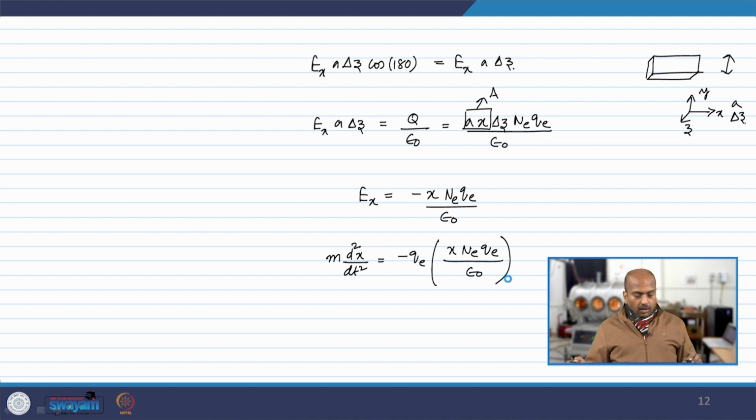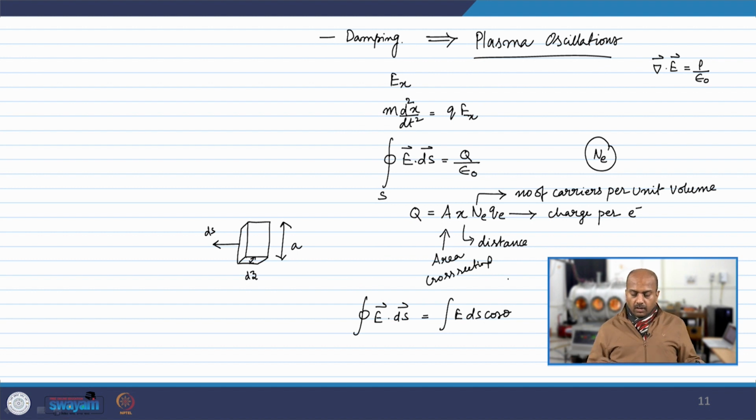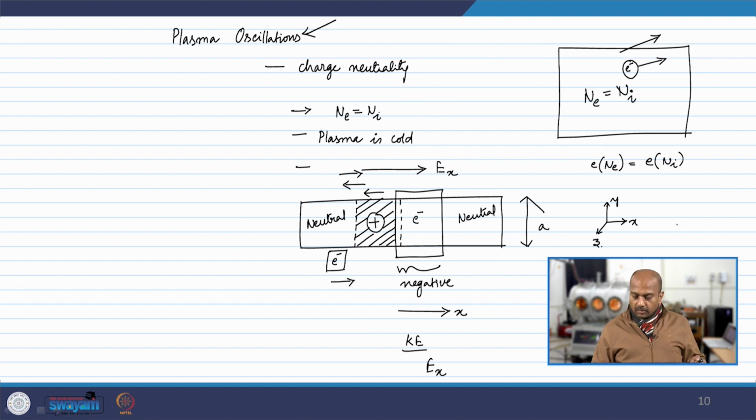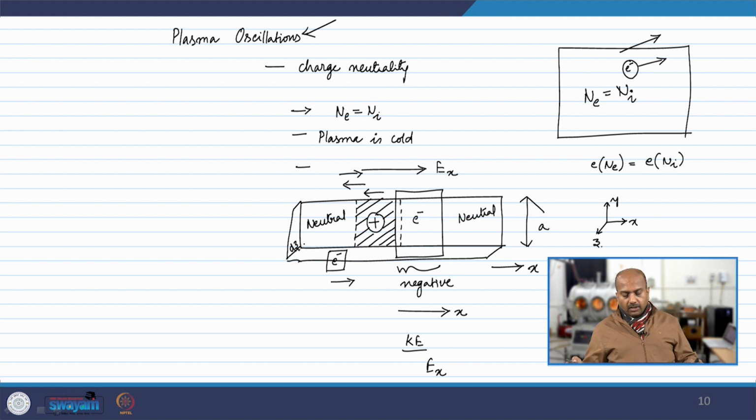I will just go back and tell you what I have done. The charge is A x Ne Qe. If we go even a slide before that, A is along the y direction. Along the x, the distance is measured in x, and the other dimension here is dz or delta z.